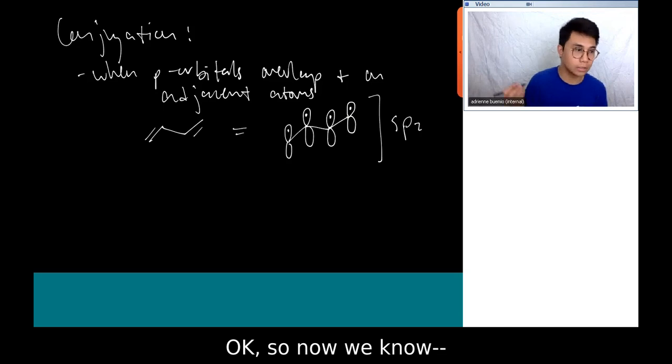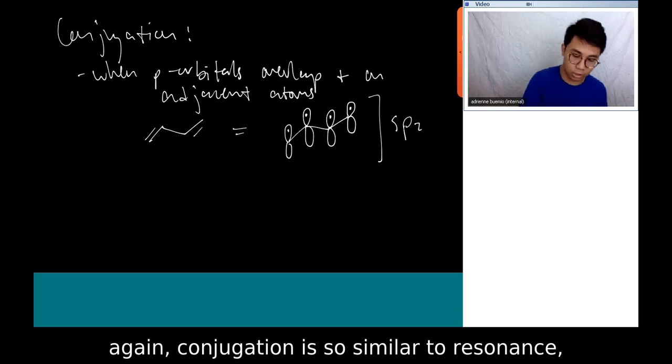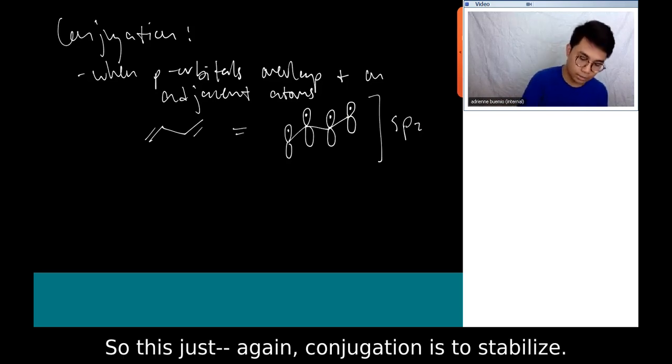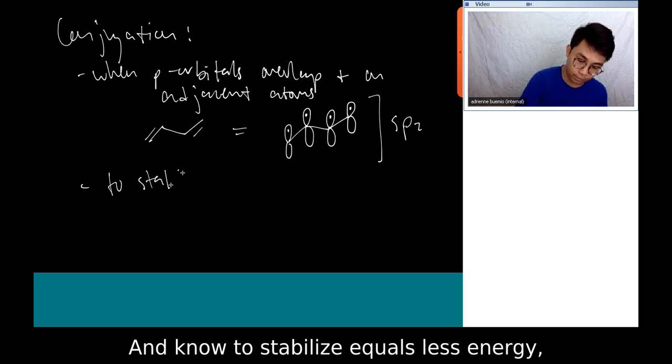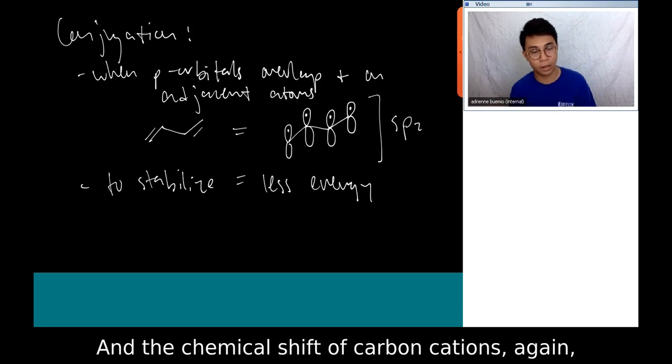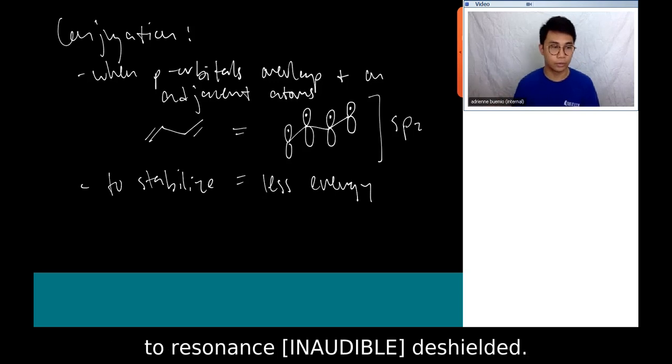Now, again, conjugation is so similar to resonance, so delocalization. Conjugation is to stabilize, and we know to stabilize equals less energy, which is heat of hydrogenation, and chemical shift of carbocations, again due to resonance, less shielded.